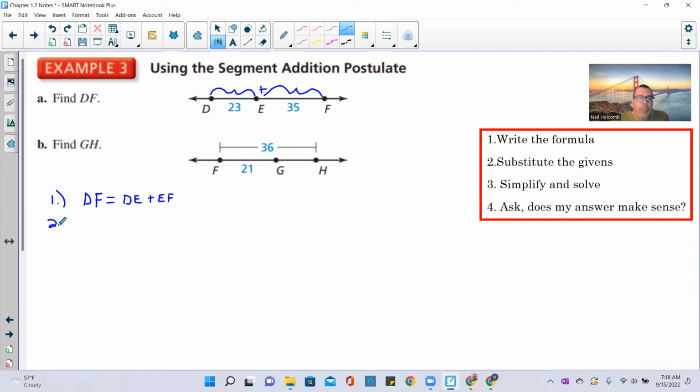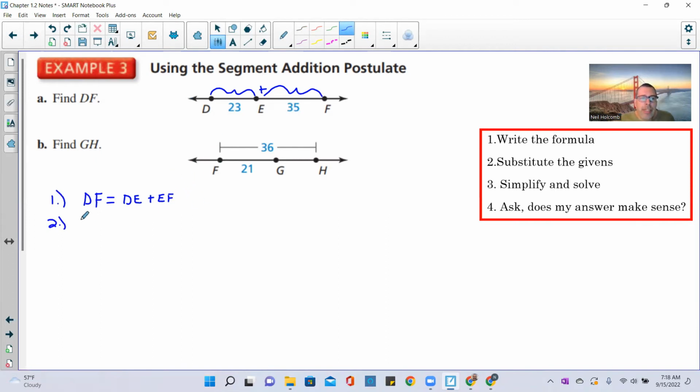Don't always just jump in and put it. I want you to learn these. I hate to say memorize, but to be able to picture a diagram in your head and put a formula together, rather than calling it memorization, you're recalling the process of what developed it in the first place. So I'm going to say DF equals DE plus EF.